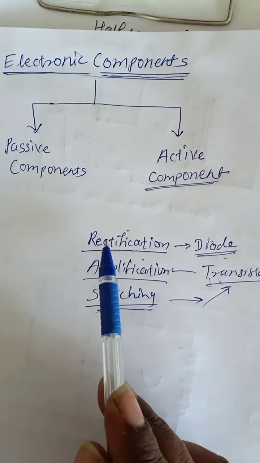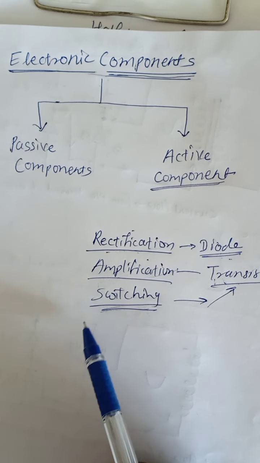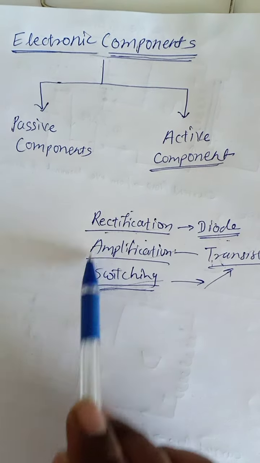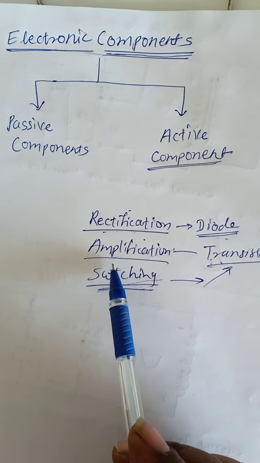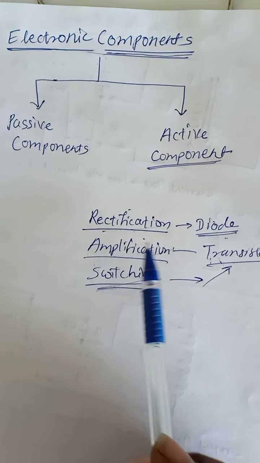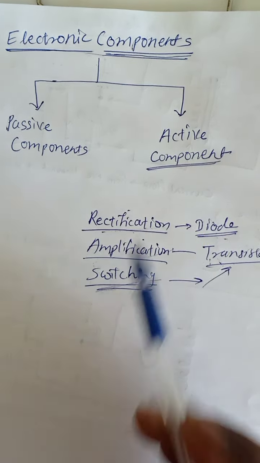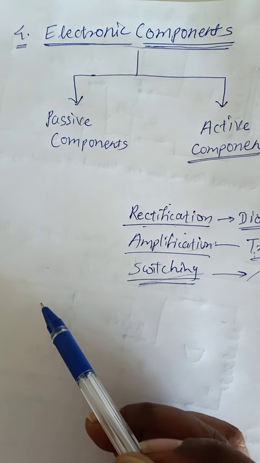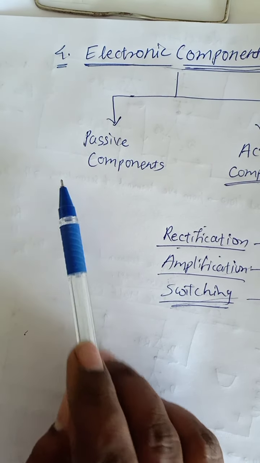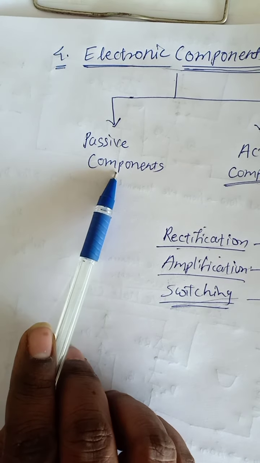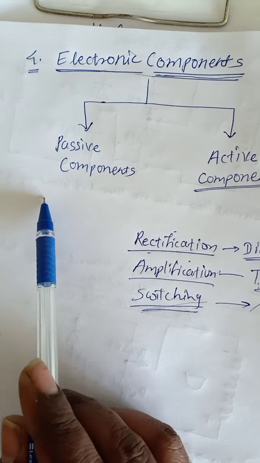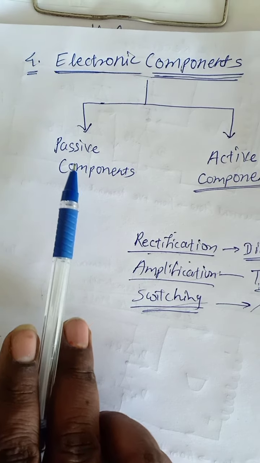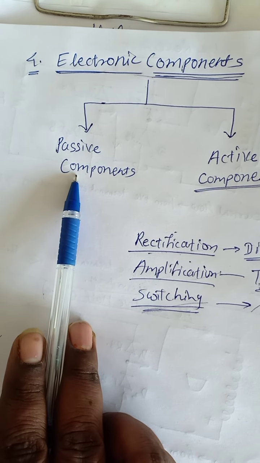This function, rectification, amplification, switching, controlling. All these functions can be performed by these components known as active components. And in a passive component there is a linear relation between current and voltage.